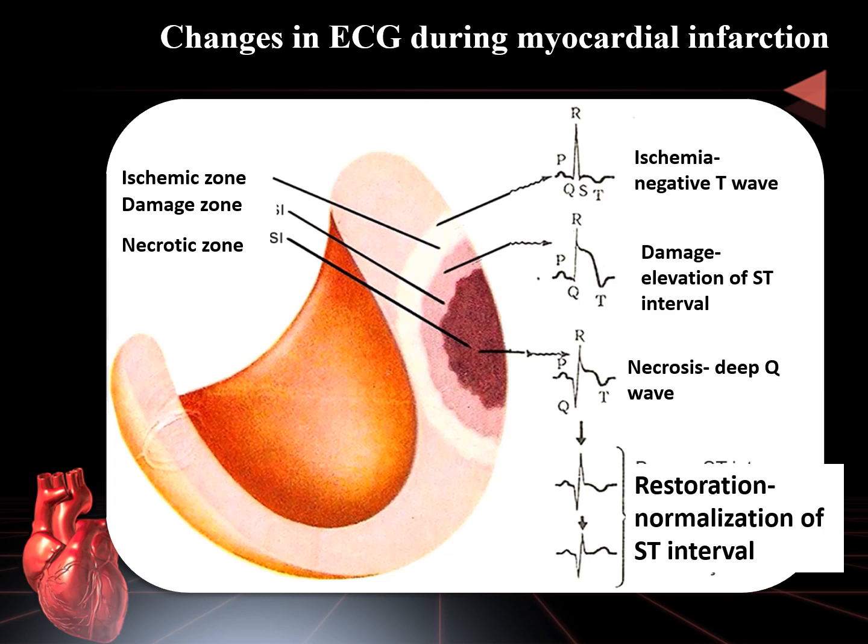The occurrence of necrosis in the myocardium is accompanied on the ECG by deepening of the Q wave and decreasing amplitude of the R wave. As the necrosis zone increases, the Q wave deepens more and more, and the R wave shortens or completely disappears. Here the QS complex may form.